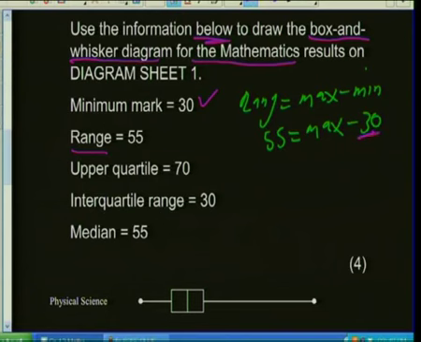I move my 30 that side, and I get maximum is 55 plus 30. You get 85. So the maximum value, now I'm happy. I have my minimum and my maximum.